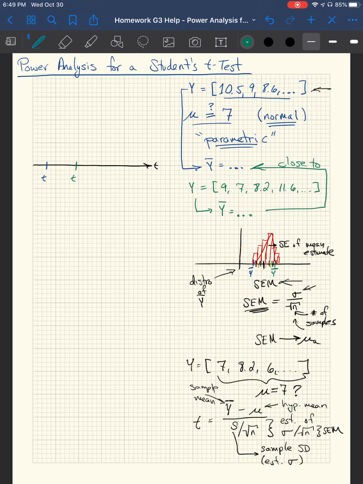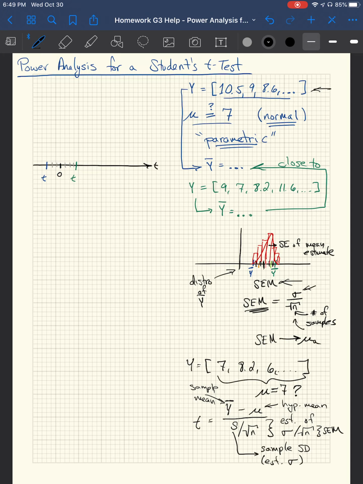And then there might have been a bunch of other t-values in between for all sorts of other data sets. And if our hypothesis is correct, if these did come from a normal distribution with a mean of 7, then this standardized version, the t-statistic, should be centered around 0. So there should be sort of a 0 that's in between here.